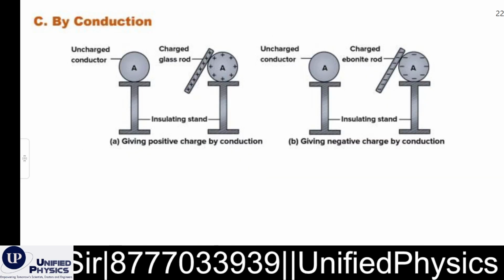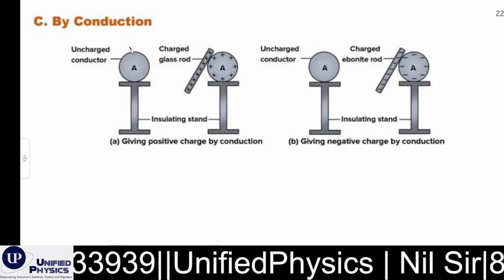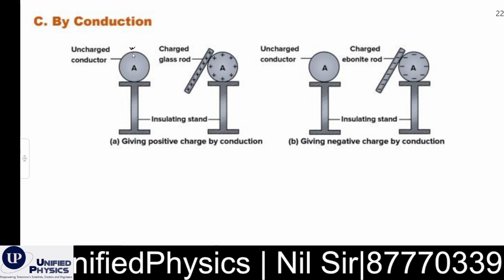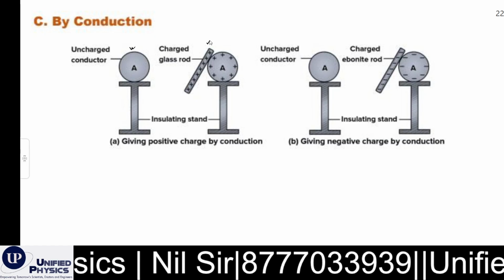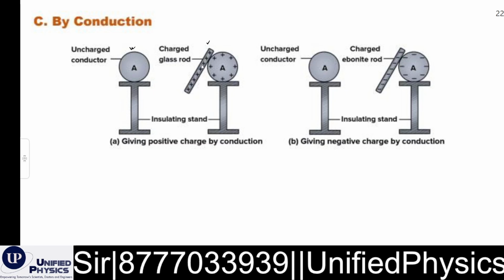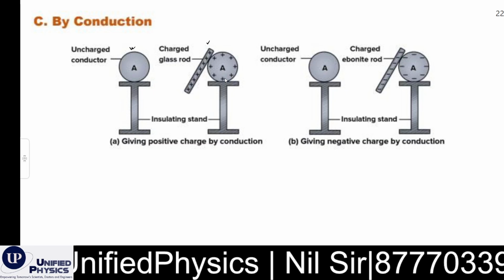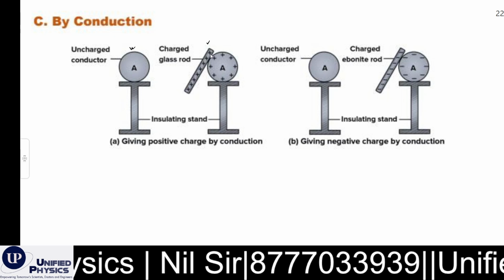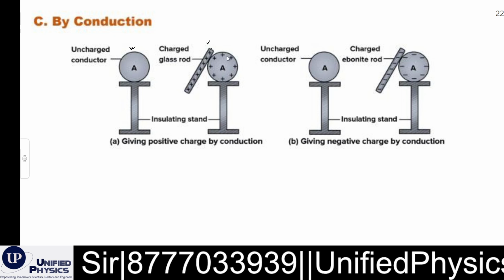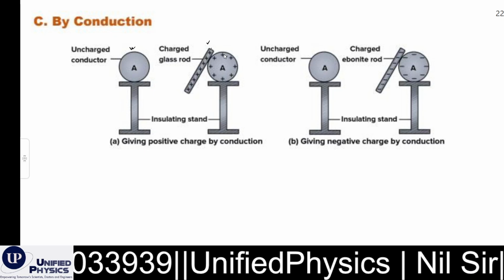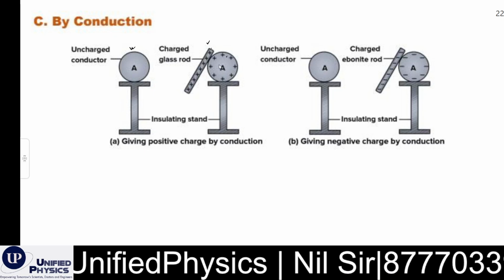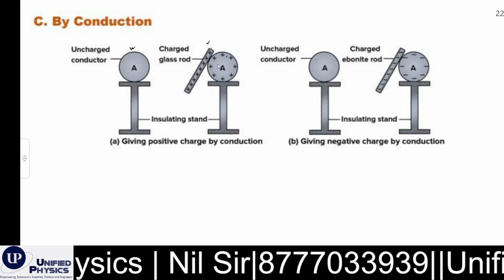And the third process is by conduction. So there is an uncharged body. You touch this uncharged body with a charged body. Then what happens? Some amount of charge will be transferred to this body, and when the potential of this body is equal to the potential of this body, then there will be no further distribution of charge. In this case, the charge distribution will stop.